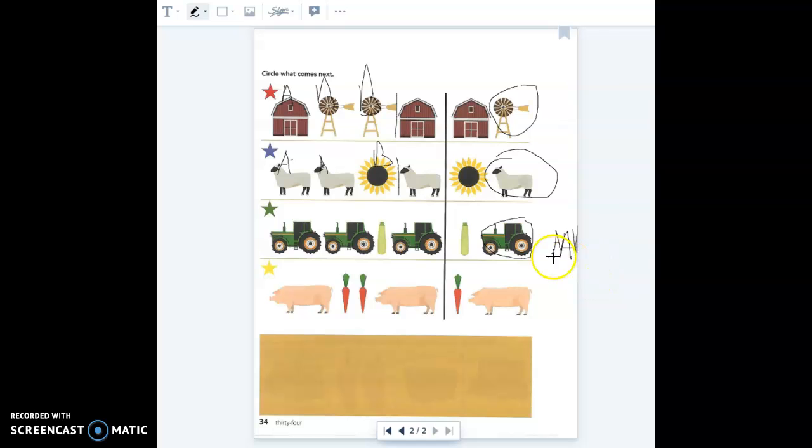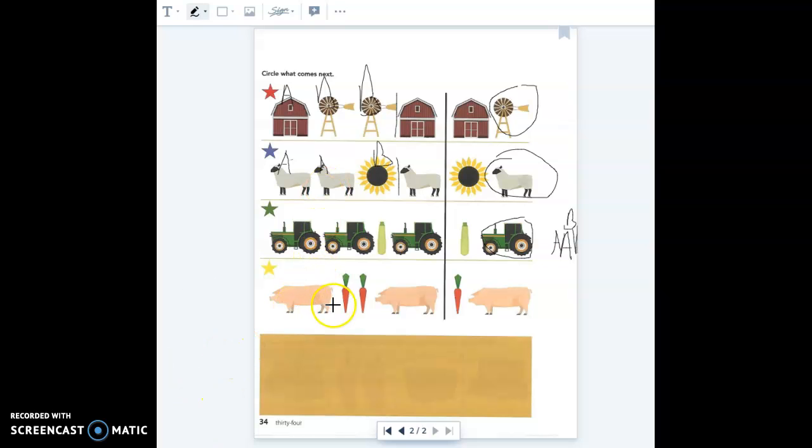Can't write off the page. My B is really, let's squish it right in there. A-A-B. That's what you guys would do. You would squish yours right on the top. So I'm going to do just like you guys would, okay? So A-A-B pattern, all right? And then it starts to repeat itself. Tractor, tractor, cucumber. Tractor, tractor, cucumber. I could go on for eternity.